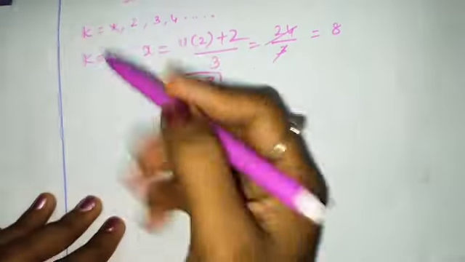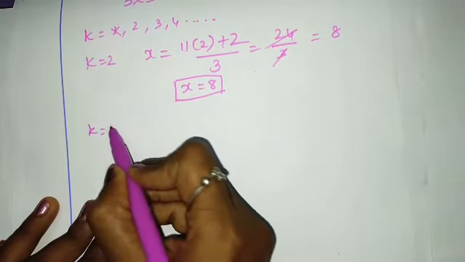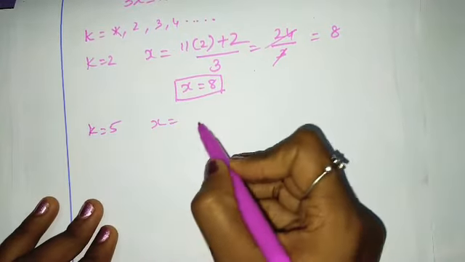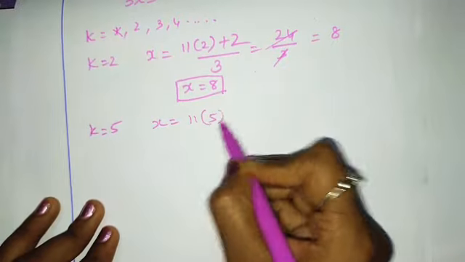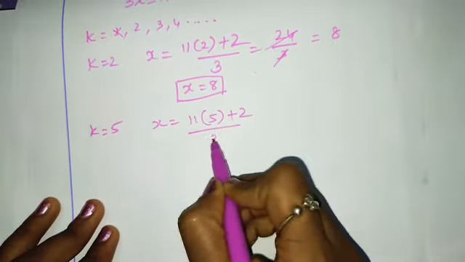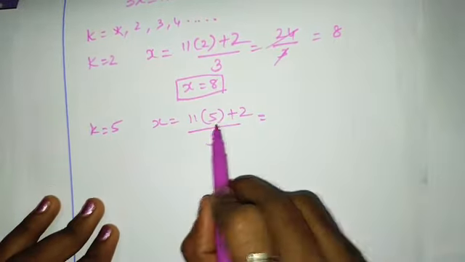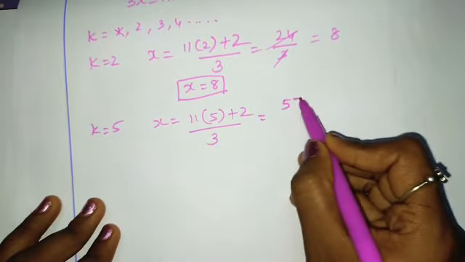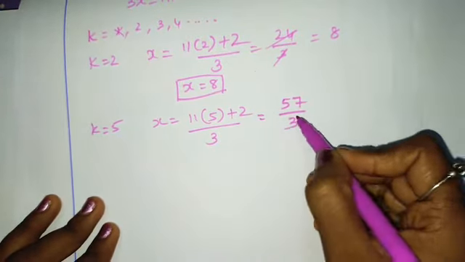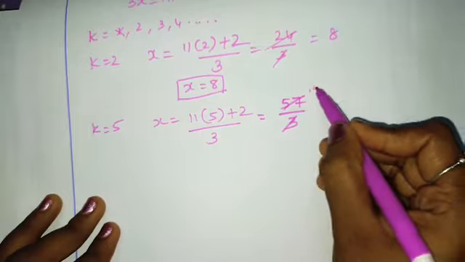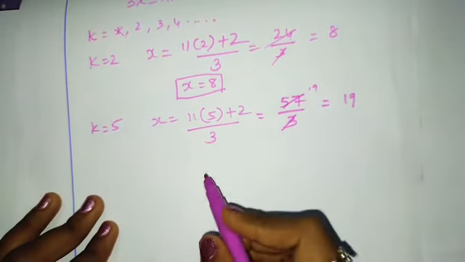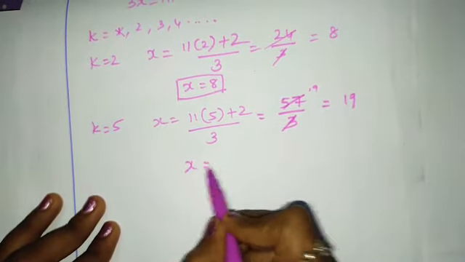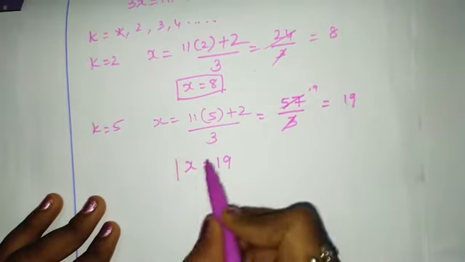So take k as 5. So x is equal to (11 into 5 plus 2) divided by 3, that is 57 by 3, that is 3 1s are 3, 3 19s are 57. So your x value is 19.